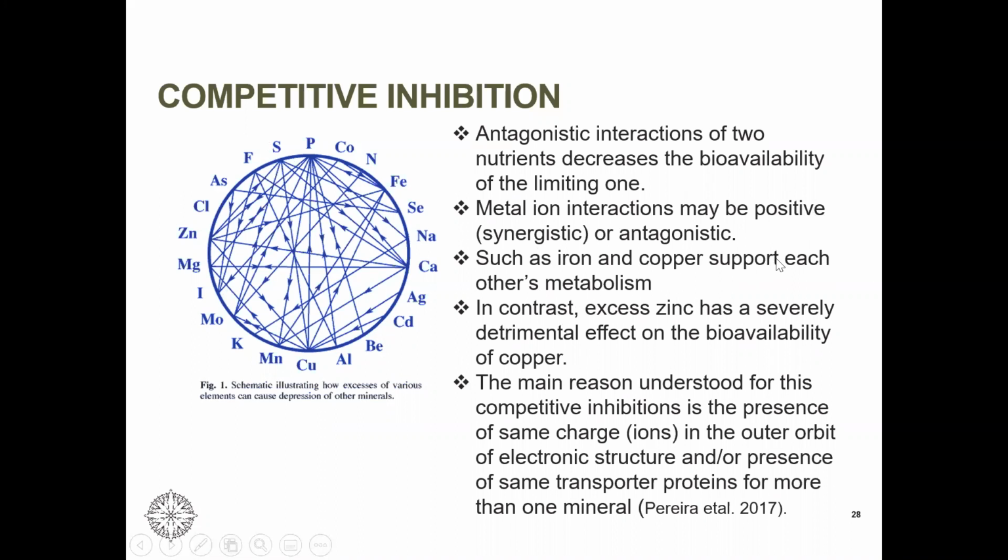For example, iron and copper. We'll learn this in detail next week, that we need some copper dependent protein transporters to absorb iron into the blood. But like zinc, excessive zinc can actually lead to copper deficiency.